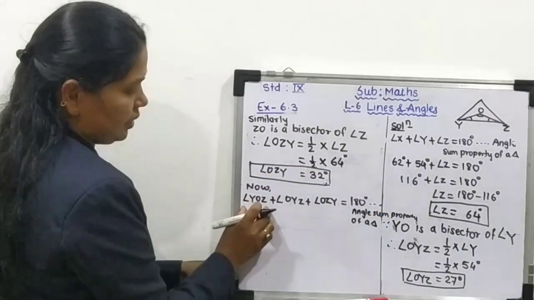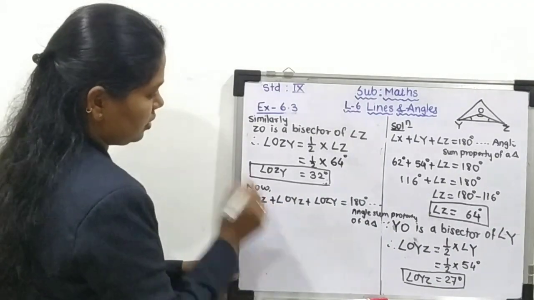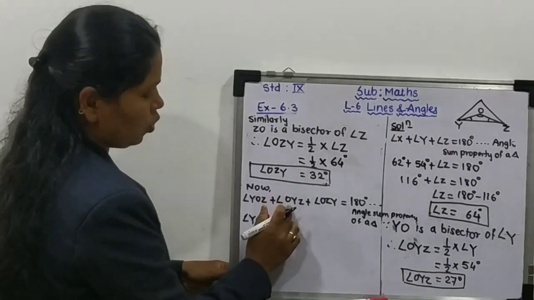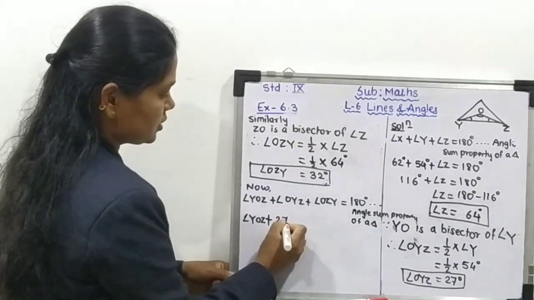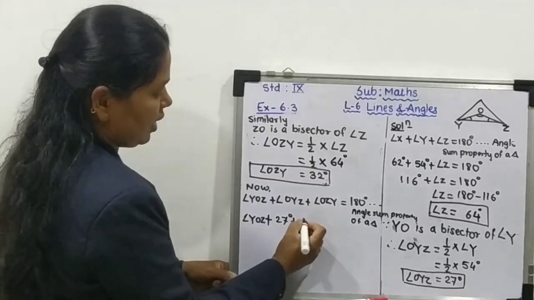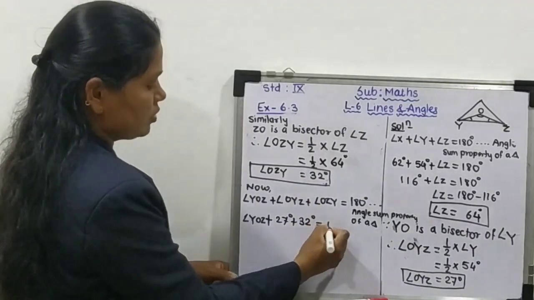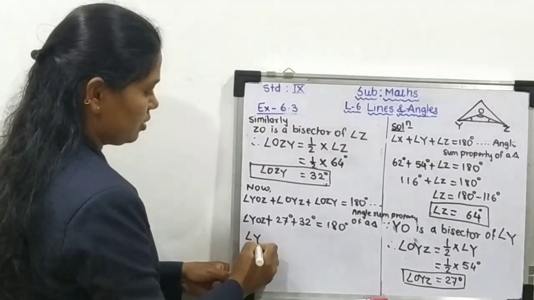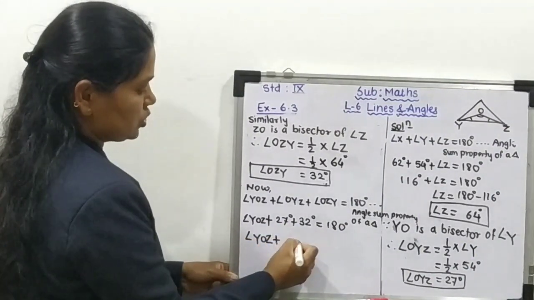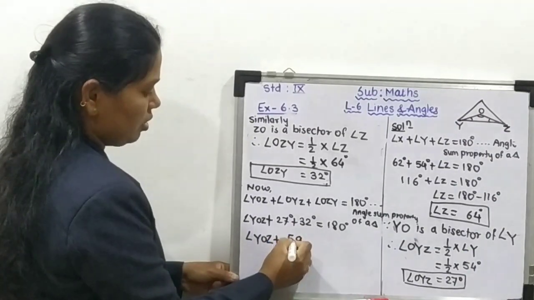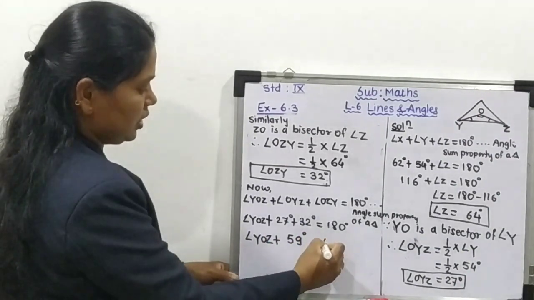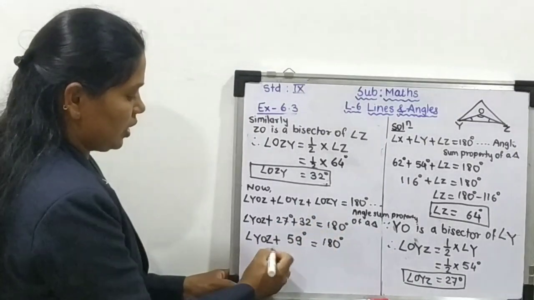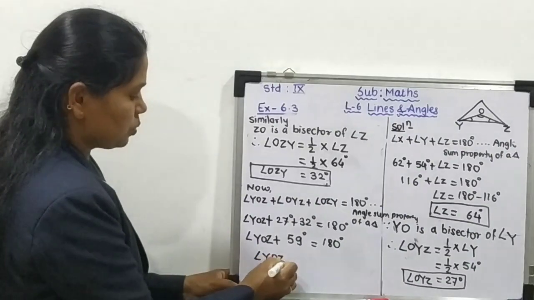So let us write their measurement. YOZ we are going to find out, we'll write as it is. OYZ we got 27, OZY we got 32, which is equals to 180. Now these two let us add. So 7, 8, 9, 3, 4, 5. So 59 degree we got, which is equals to 180 degree. Now this 59 degree we are going to transpose.